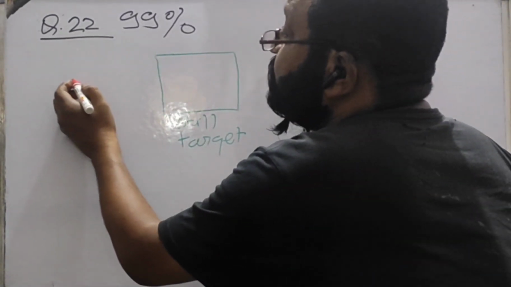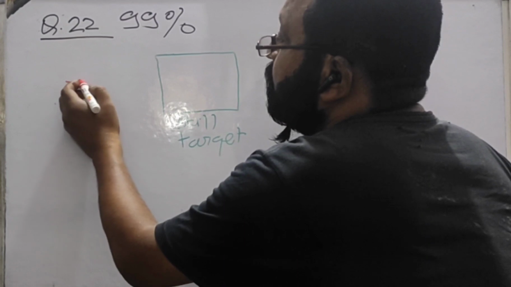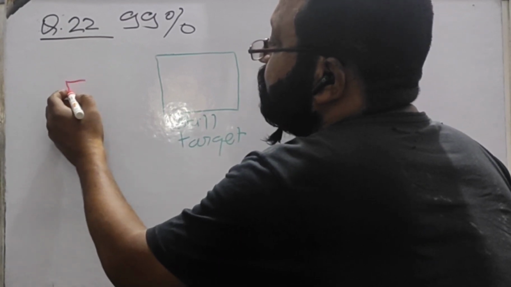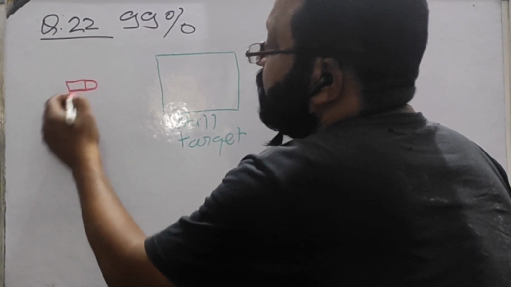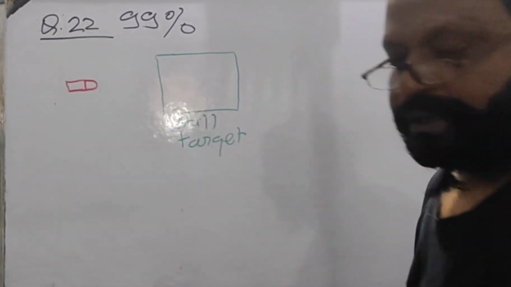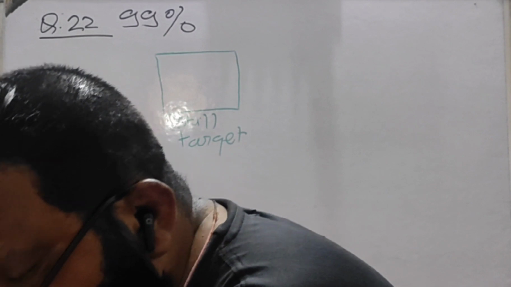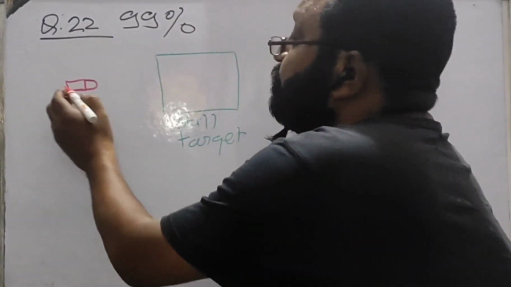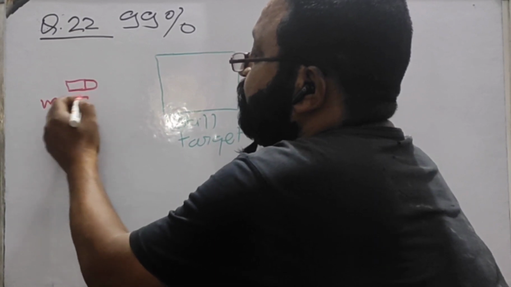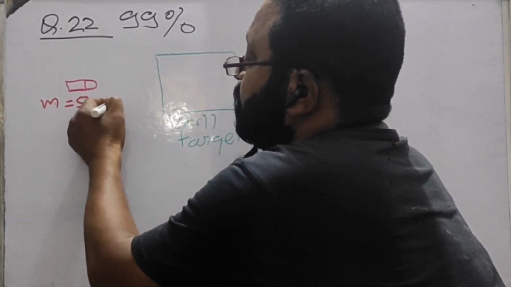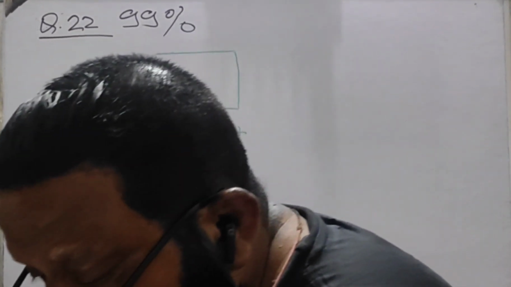I hope you have seen the bullet is very small in comparison to the target. This is the bullet. The bullet has a mass of 50 gram, not in kg, gram, right?